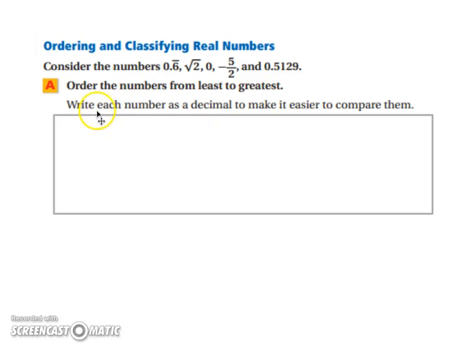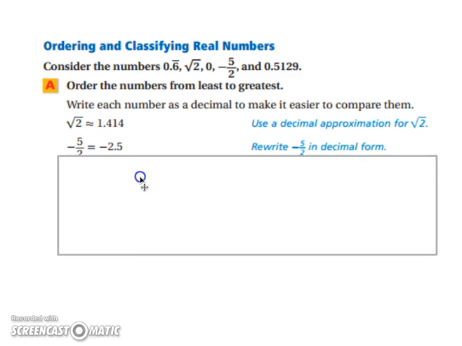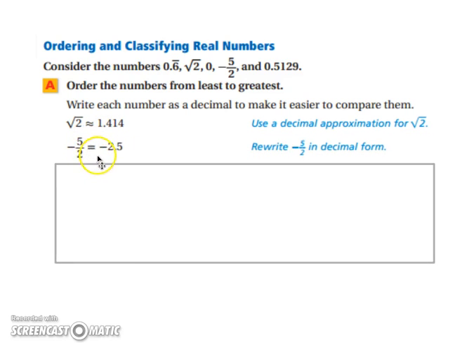So to help, why don't you write each number as a decimal to make it easier to compare them. Now that you've had a moment to write these as decimals, let's see what we had. So the square root of 2 is about 1.414, and negative 5 divided by 2 is negative 2.5.